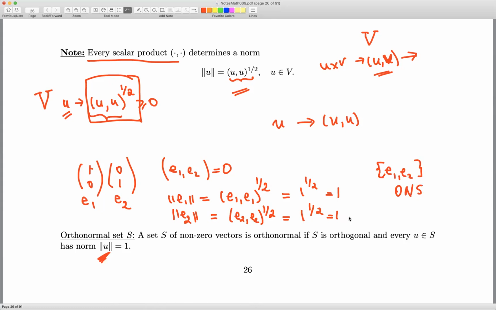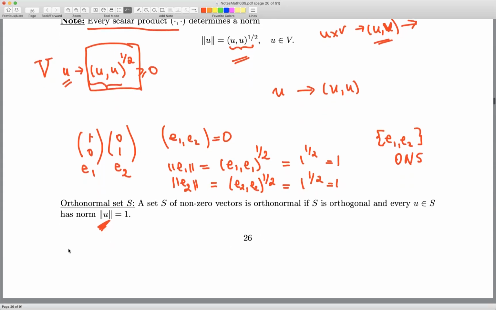We can get another example of an orthonormal set. If we look at our example for L2 of [-1, 1], and we look at the function f, which was x squared minus 1/3, and the function g, which is 1, we showed before that they are orthogonal. Now the question is whether they are orthonormal.